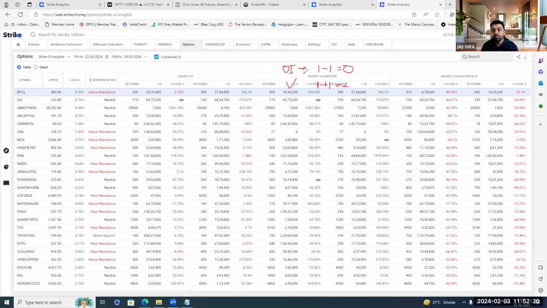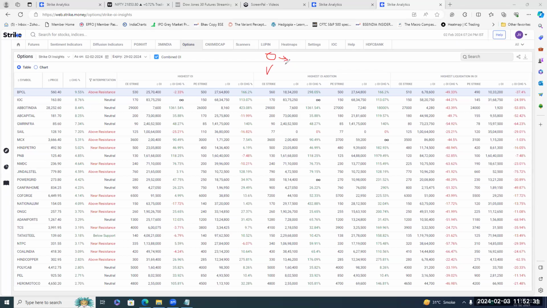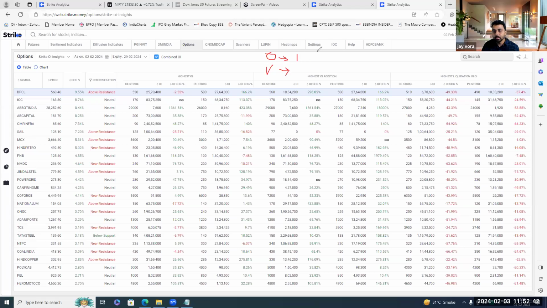This is just a very simple example: imagine OI and volume right now are 0. If 1 contract got traded between me and you, wherein you bought and I sold, your open interest is 1, correct? And your volume will become 1. Now, we both are squaring off the position, in which case the open contract will become zero, because there is no existing contract.